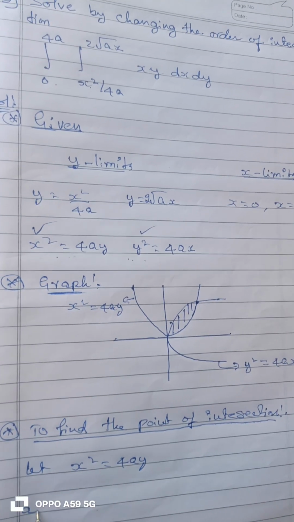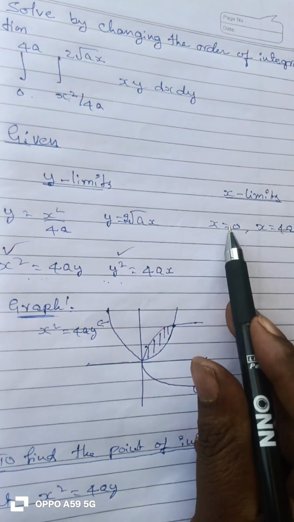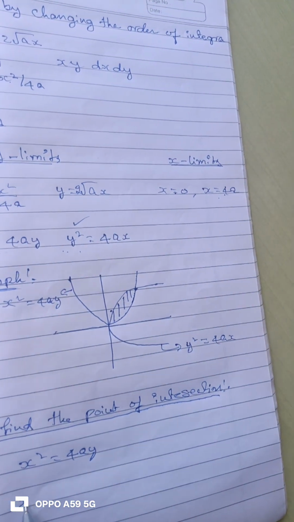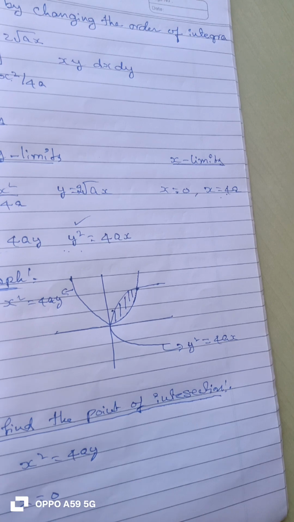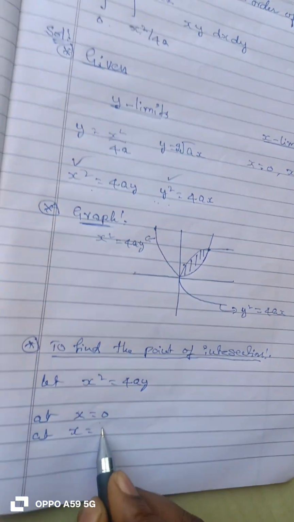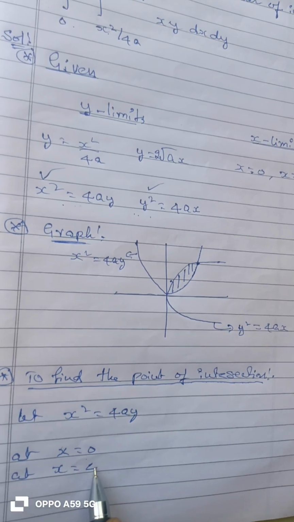In this, at these x limits, you take x is equal to 0. One more point, x is equal to 4a.